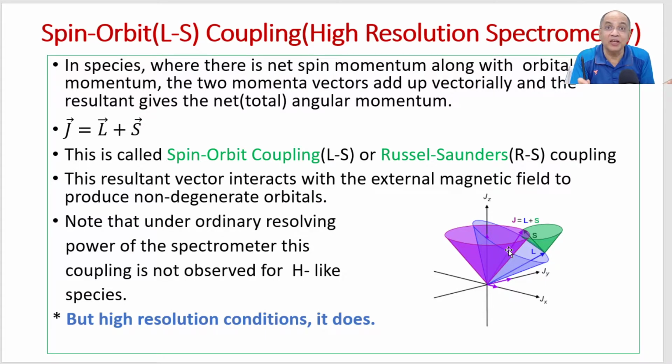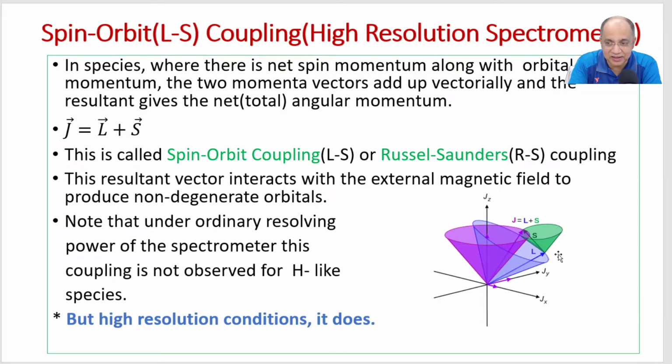It is undergoing precessional motion, like a top precessing in the gravitational field. So the electron is not only rotating, but the axis of rotation is also precessing, right? And this is also precessing. So it doesn't matter, you forget about the precession.